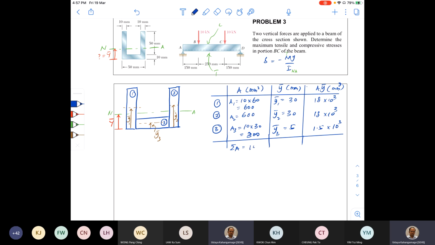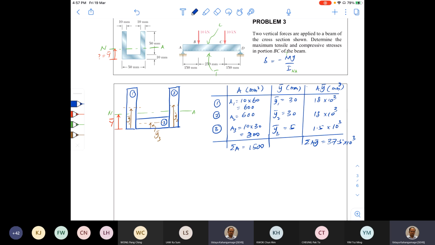So that value is 1500 millimeters squared. And also I'm going to get the summation of all the AYs. It is equal to 37.5 into 10 to the power 3.